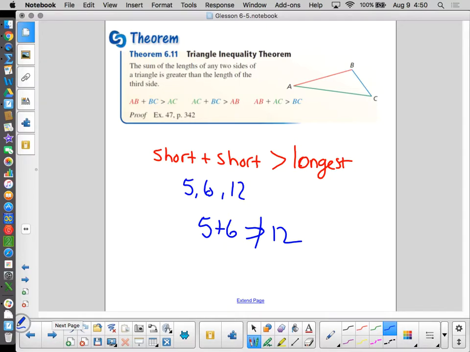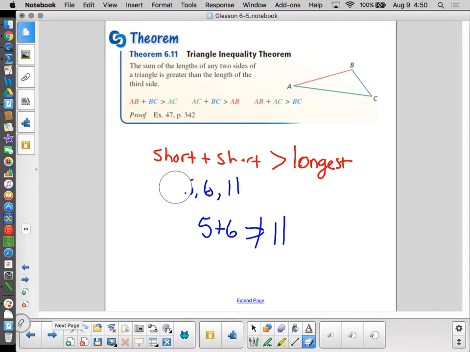See, we're interested in greater than or not greater than. Same with 11. 5, 6, 11 would not work, because 5 plus 6 is not greater than 11. Equal to doesn't work. It has to be greater than. The sum of the two shorter sides must be greater than the longer side.